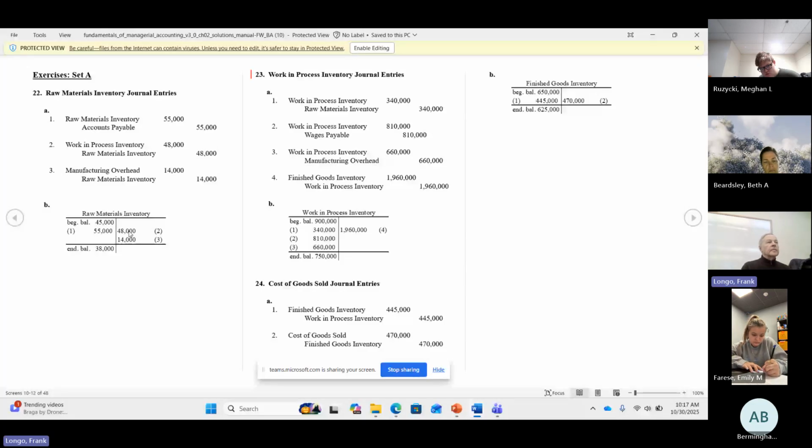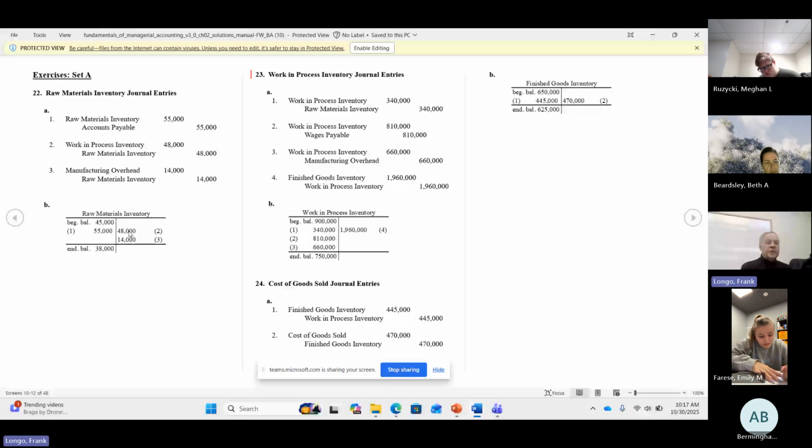The third part, it said that raw materials was used for overhead. So not to go directly into the product, it was used for overhead. So we debit an account called manufacturing overhead.